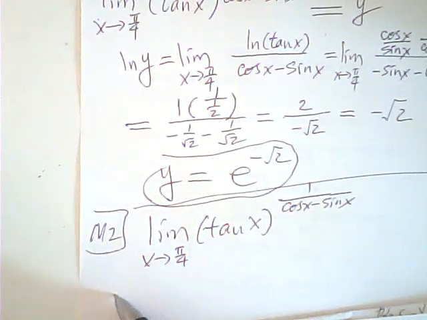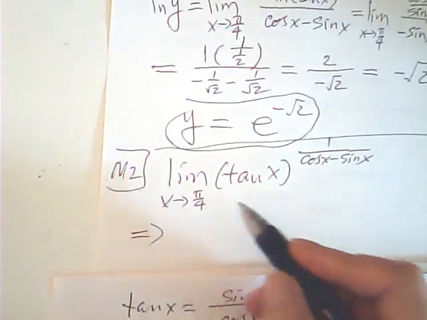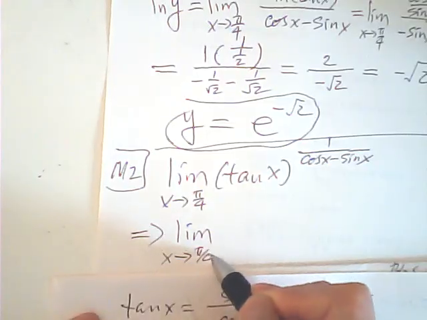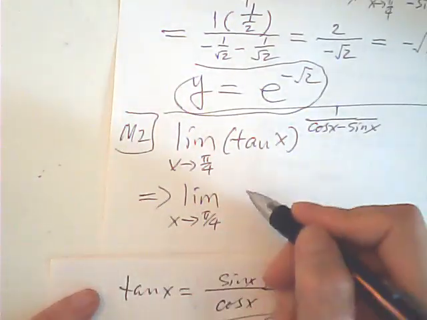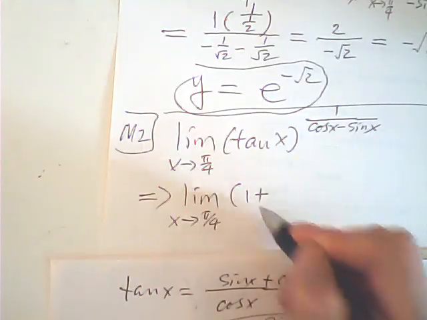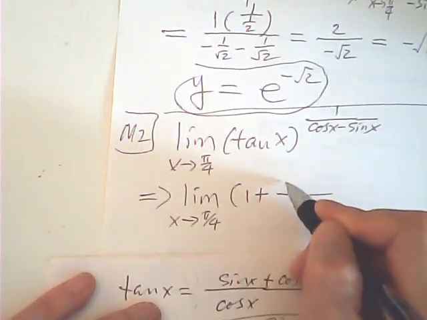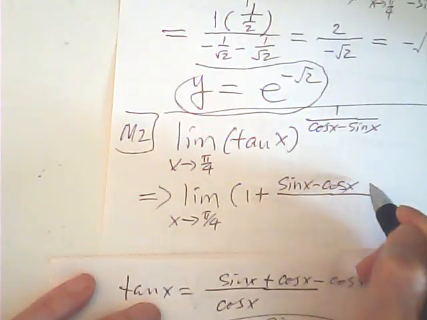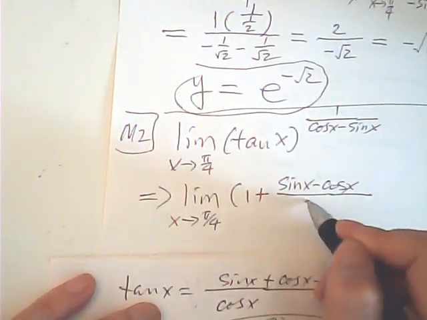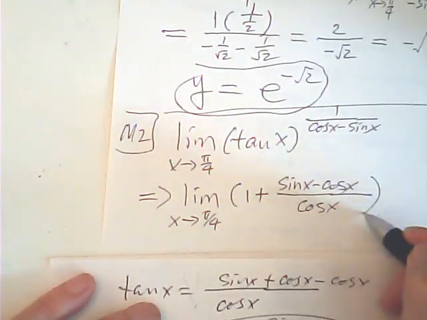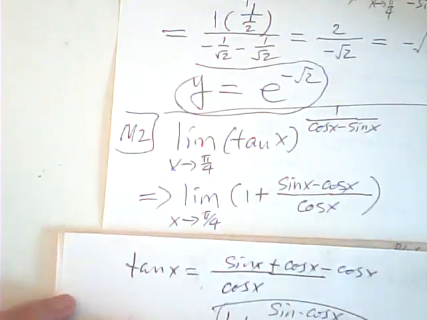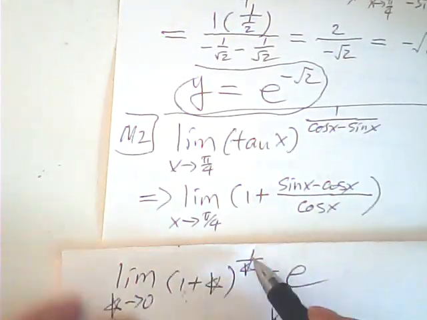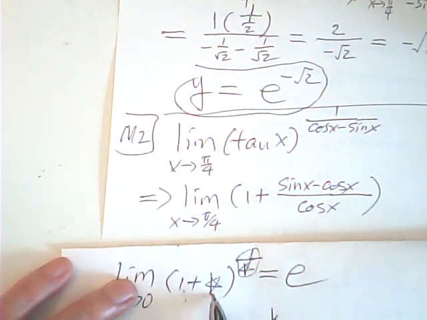So this one is equal to the limit as x goes to quarter pi of 1 plus sine x minus cosine x over cosine x. Okay, here I need a reciprocal of that.